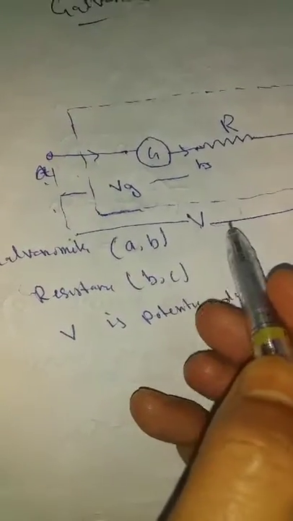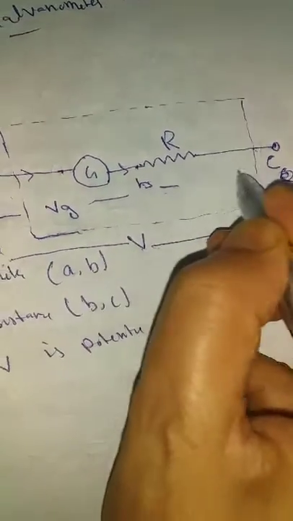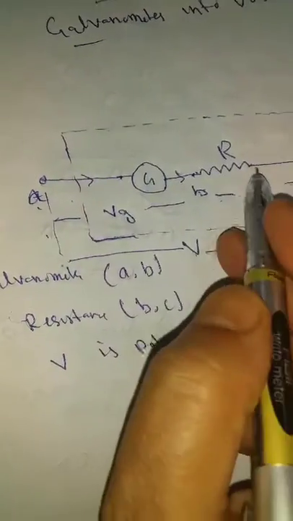What is the potential difference between B and C?